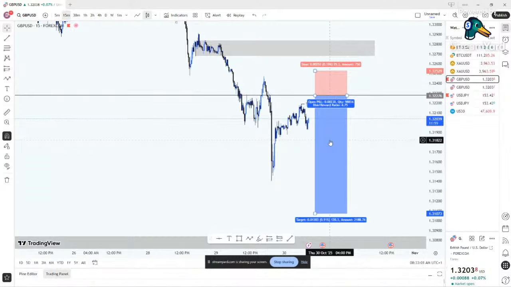All right, so someone said, why don't we use a breaker? Let me know which breaker you are talking about. Which of the pairs, which of the markets? Exactly, why not use the breaker block since we got another BOS? So the person asking why not use a breaker, which currency pair are you talking about?